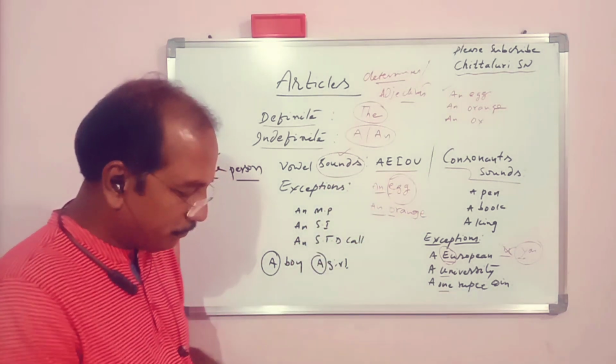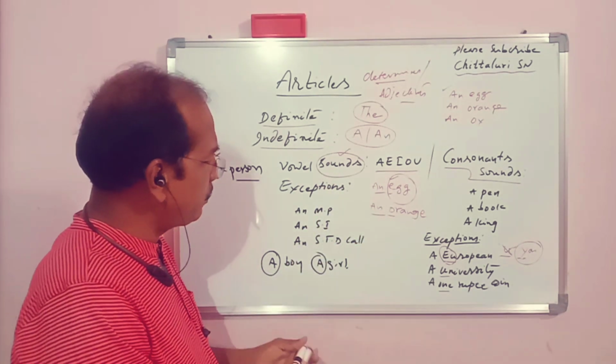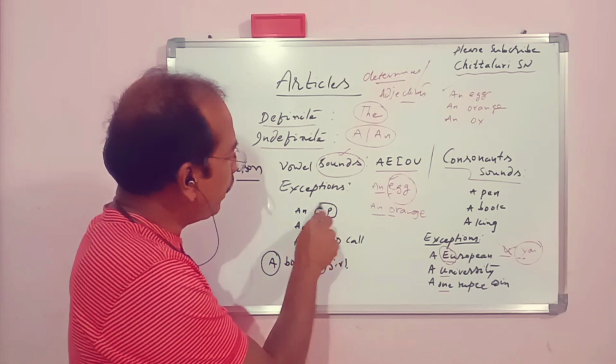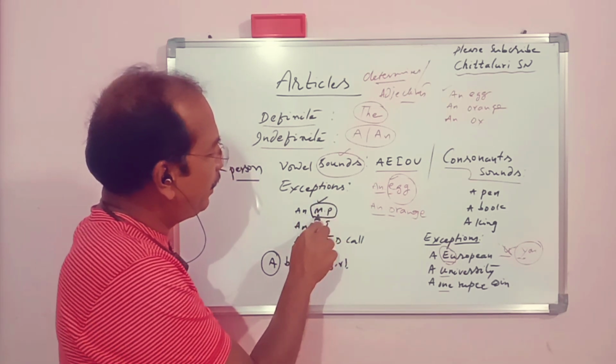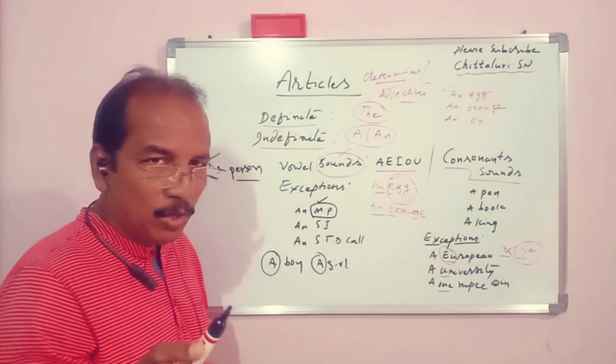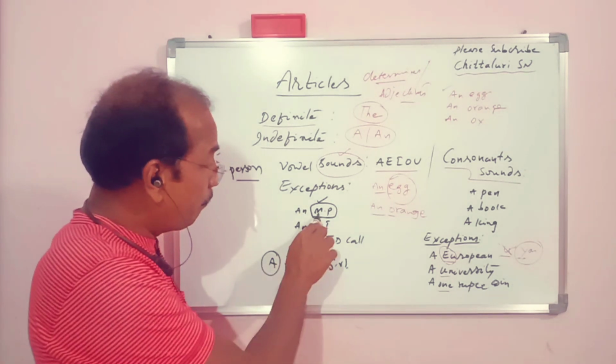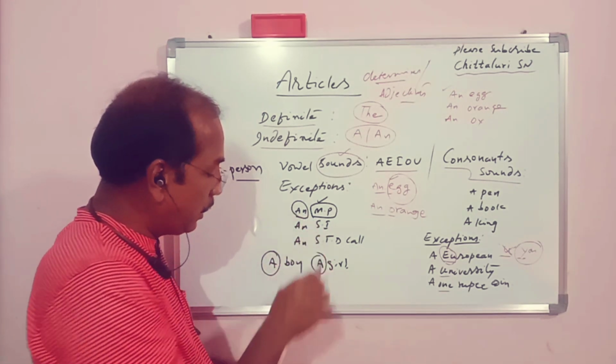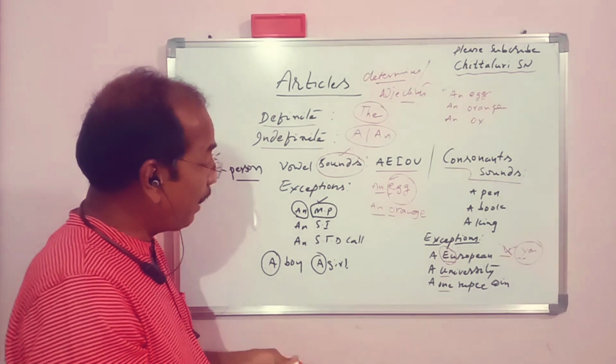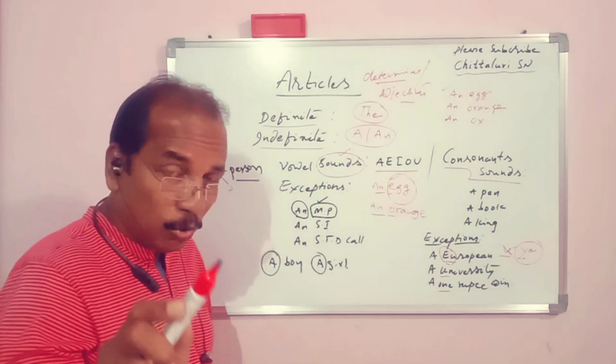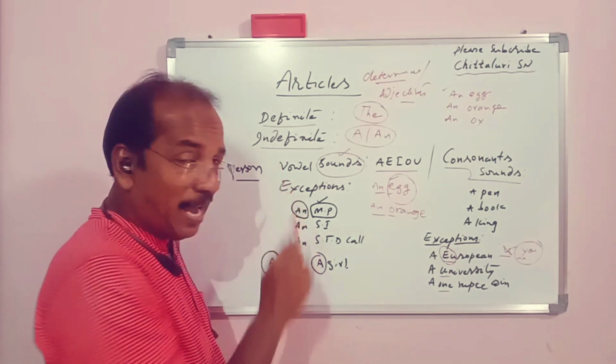Let us see this. For example, MP. See here, MP: the first letter is M, but before this I used the article an. Actually M is a consonant, but why should I use an here?